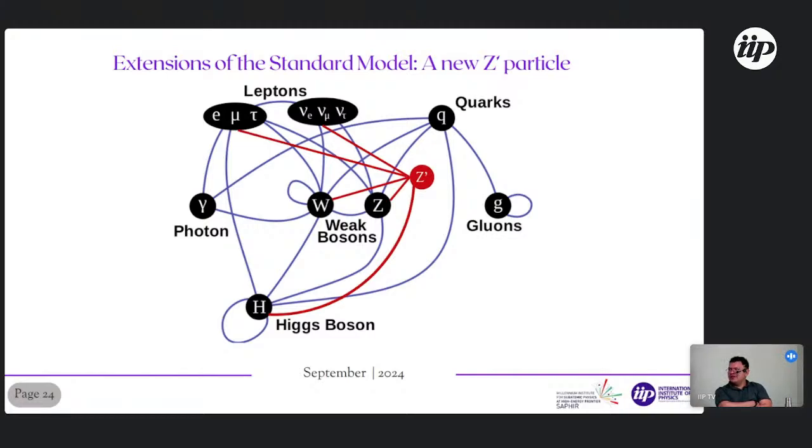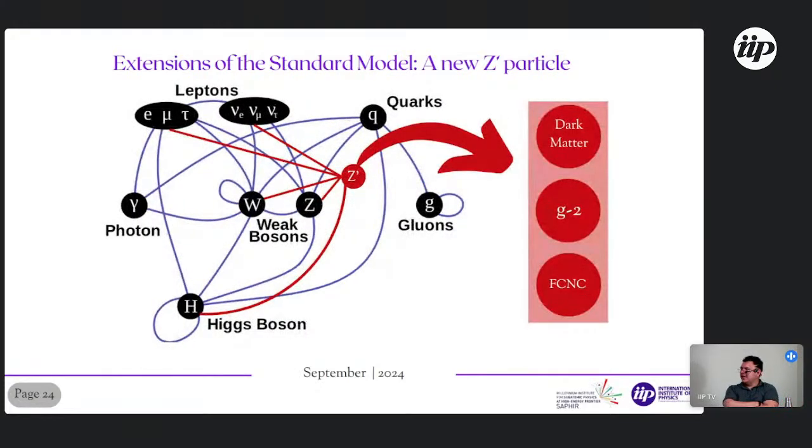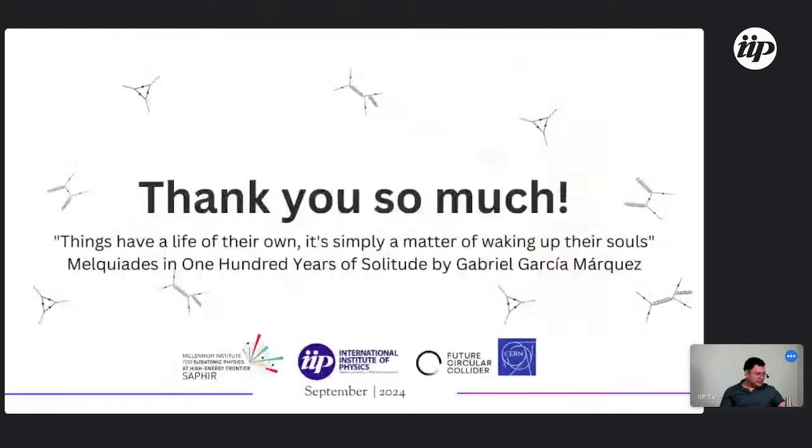So this is the lecture. Then the standard model, and we can explain with that Z prime some problems, the dark matter problem, flavor-changing neutral currents, and another problem that we have. So thanks for the lecture of today.